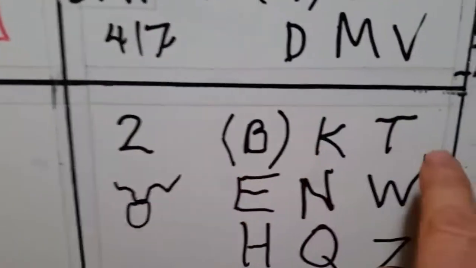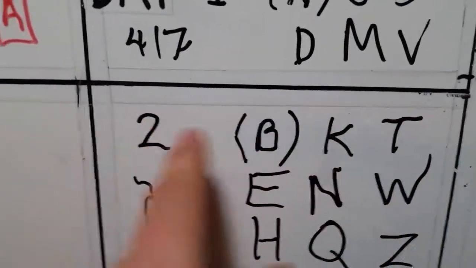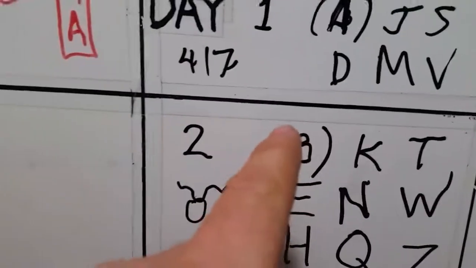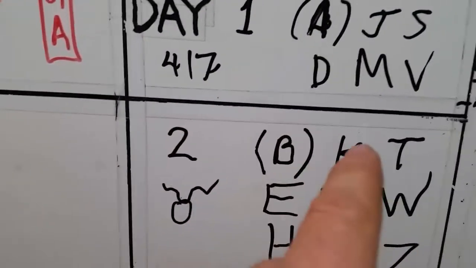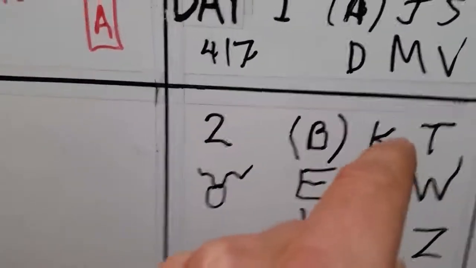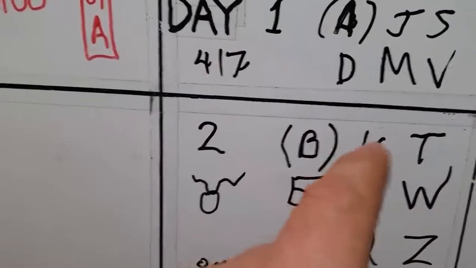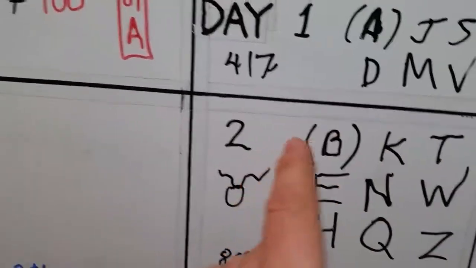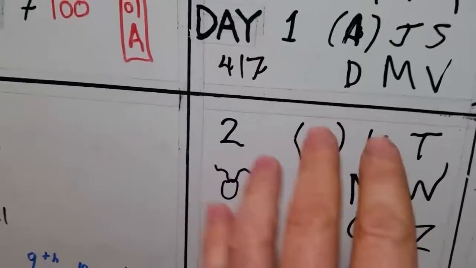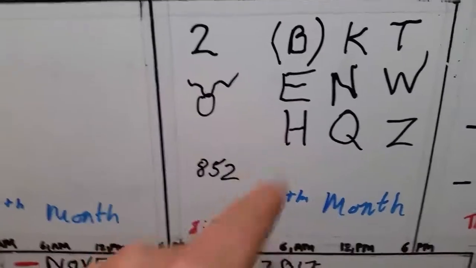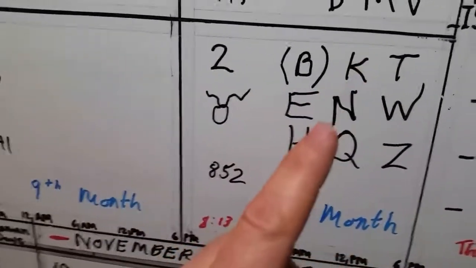So when we look across here at the highlighted Trinity connection, BKT, we see Charles Manson dies at Kern Medical Hospital, Bakersfield, California, USA. So these two complete a sentence. Okay? Now, this frequency here, 852, stands for return to spiritual order.